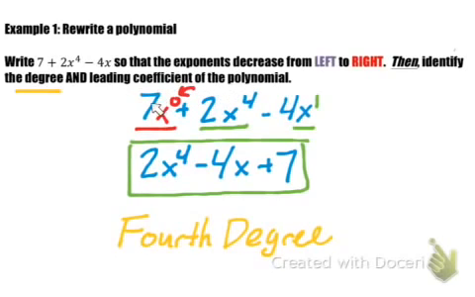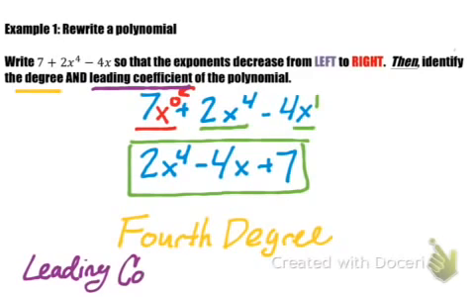Well, the coefficients are the numbers that are in front of the variables. So this is just considered a constant, but if it actually had a variable with it, the coefficient would be 7, the coefficient is 2, and the coefficient of x would be negative 4. So then the leading coefficient would be 2.